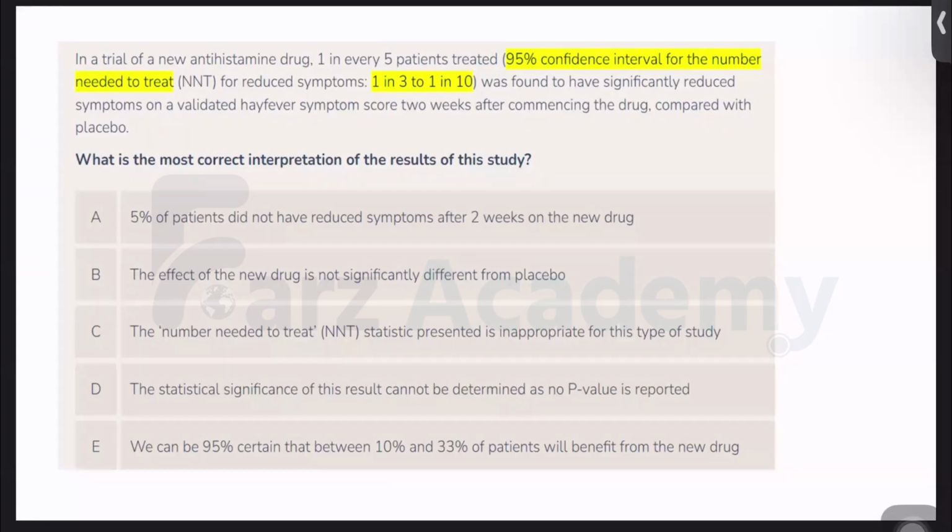So if there is no p-value, you will not determine significance at all. So why are we doing hypothesis testing? The p-value will only tell you whether the null or alternate is rejected or accepted.